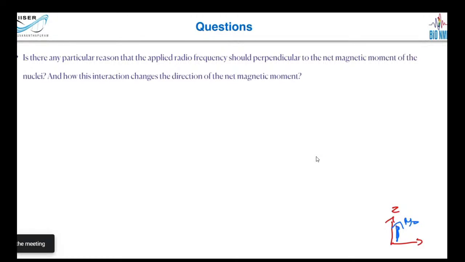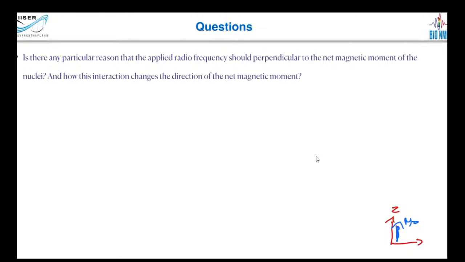Okay, so before you apply a radio frequency pulse, the M0 is aligned with the B0 field. So we cannot detect M0 because it is submerged by the B0 field. M0 is a very small, tiny guy compared to B0, which is huge. So you cannot detect M0 in the direction of B0.